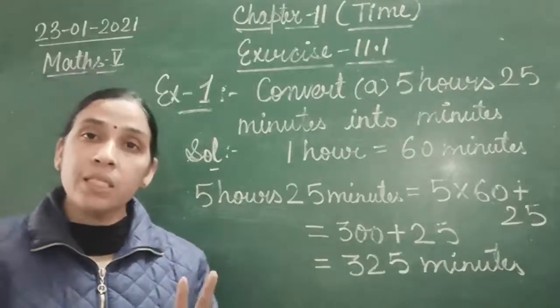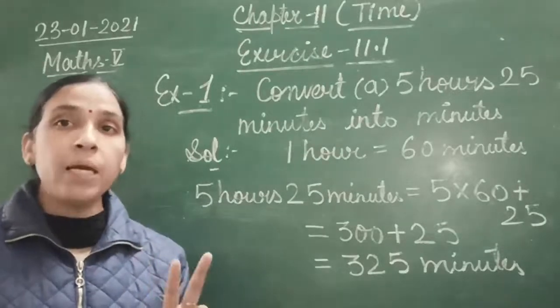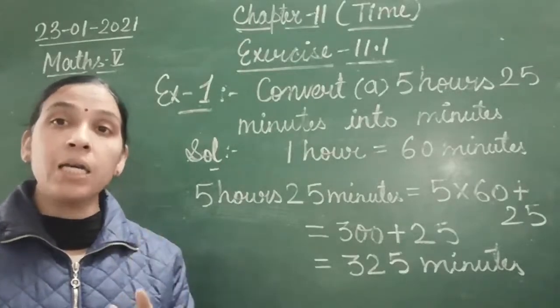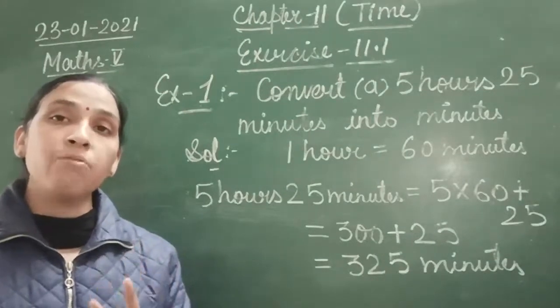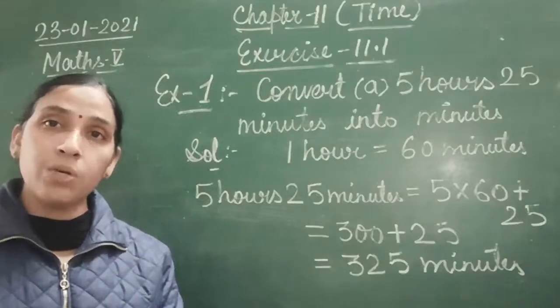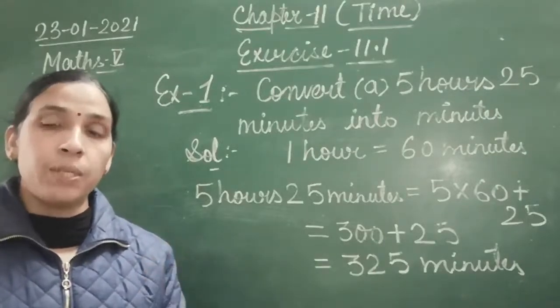See children, you have to remember this, because when you see any question, you will be able to know which is the higher unit and which is the smaller unit. If you are coming from a higher unit into a lower unit, you are supposed to do multiplication.